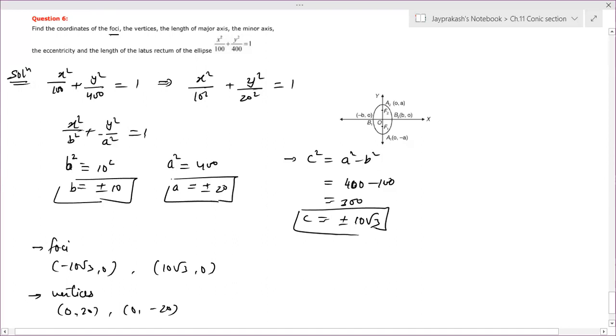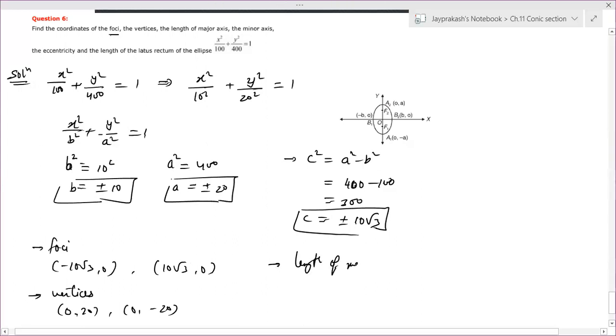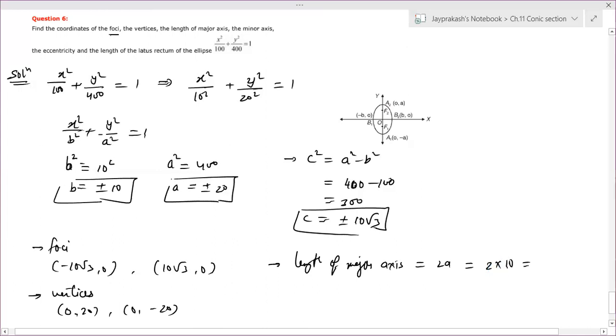Now the length of the major axis is 2a, so 2 into 20 is 40.